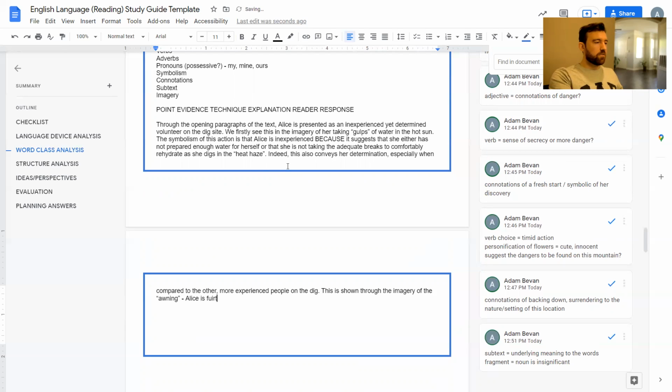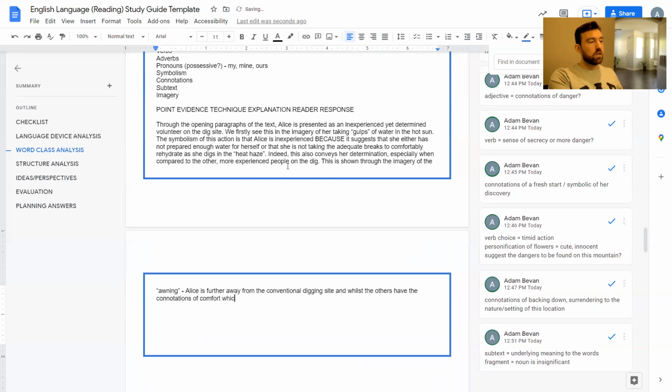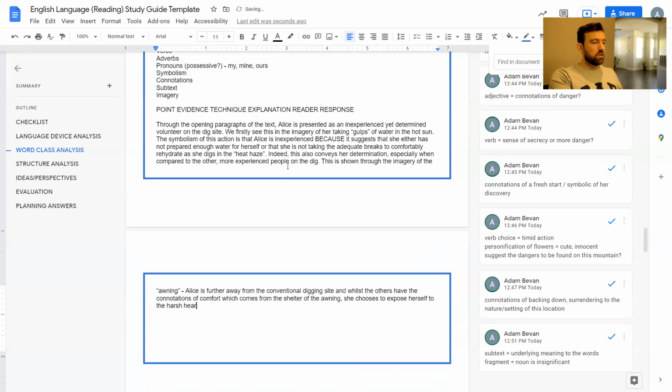Alice is further away from the conventional digging site, and whilst the others have the connotations of comfort, which comes from the shelter of the awning, she chooses to expose herself to the harsh heat of the day.